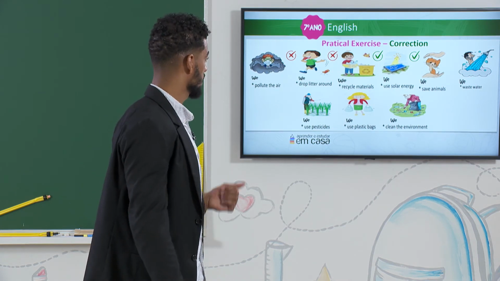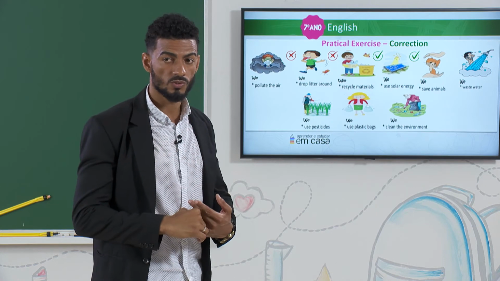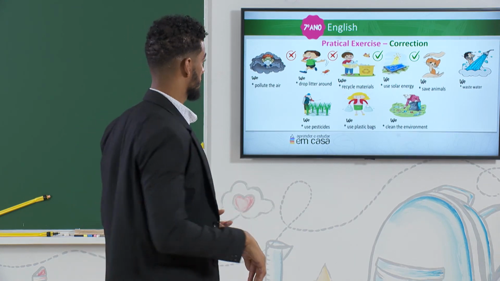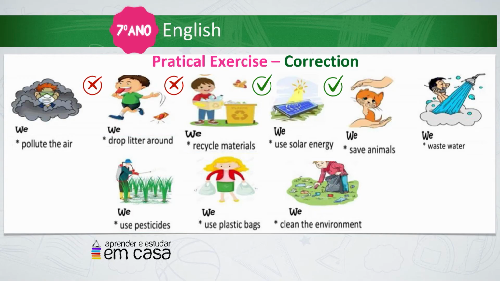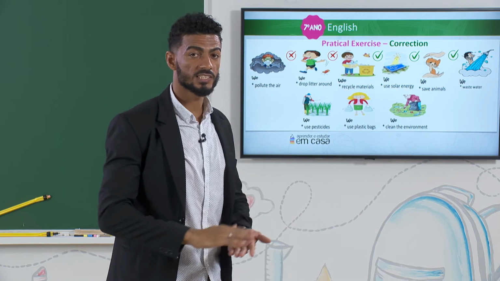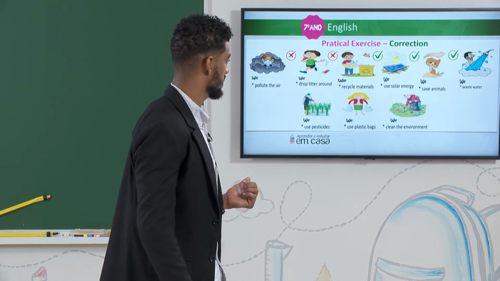We should use solar energy in order to save or to help the environment. Let's see the number 6. Save animals. Is it a good action or bad action? Say it again. Cool. It's a good action of saving the planet or the environment.